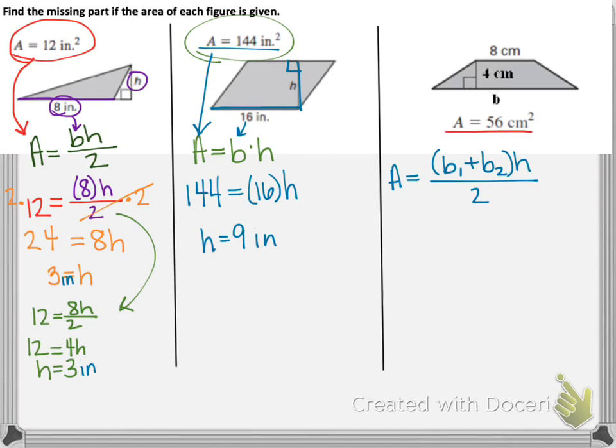Area is 56 centimeters squared. All right, 56 in for that area it is, equals, over 2. Let's see. One of my bases is b. One of my bases is 8. So let's pack those guys in.